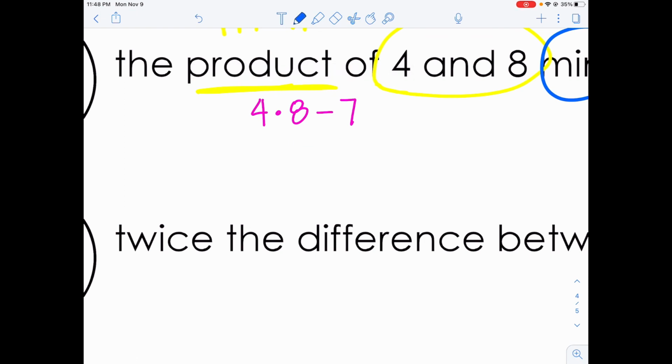All right, so first I'm going to do the multiplication. 4 times 8. When I multiply them, I get 32. So I'm going to write 32 underneath, bring down minus 7 because that hasn't been used yet. And now I'm going to simplify the rest of the way. 32 minus 7 gives me 25.